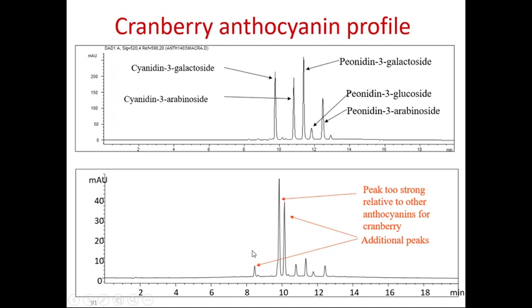So these are additional peaks which are not there in cranberry juice. This clearly shows that these two peaks and the increase in this peak are due to elderberry addition. So different types of analysis like these can be used to detect adulteration.